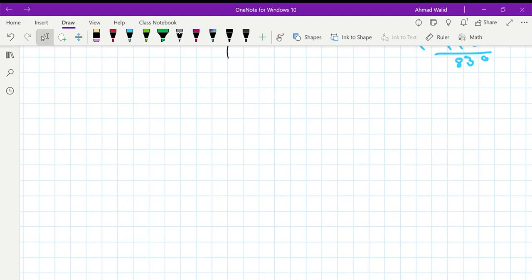Now, there is an example in your book. I will do it here for you. You may learn more about coterminal angles.